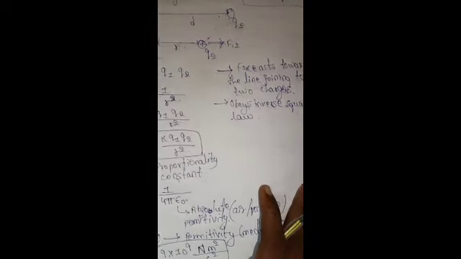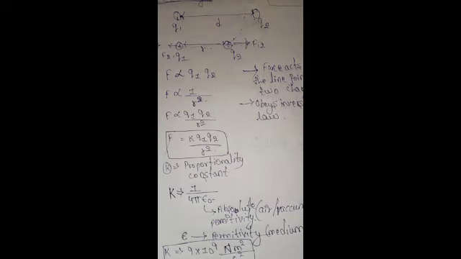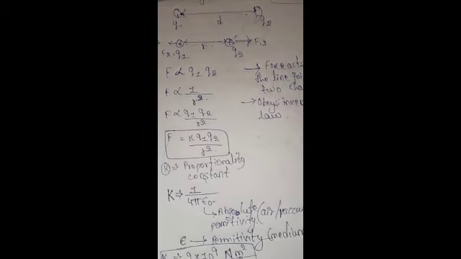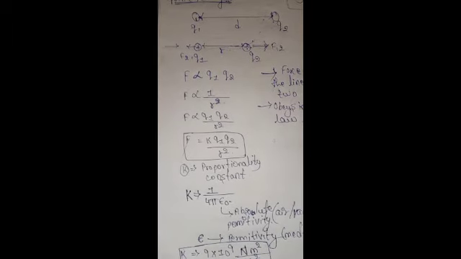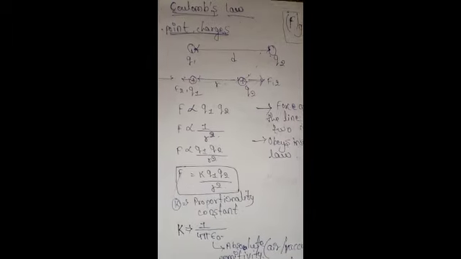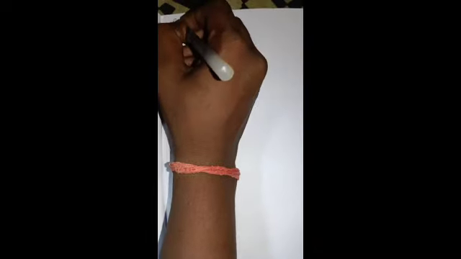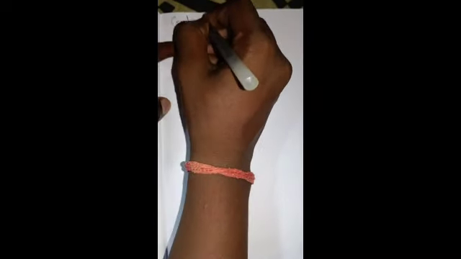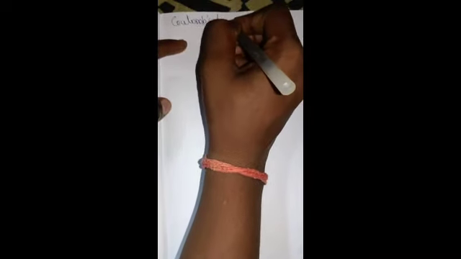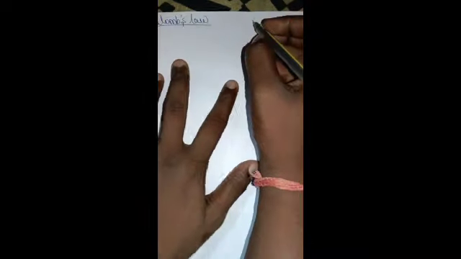Now let us compare Coulomb's law and Newton's gravitational law. On one side we will write Coulomb's law, and on the other side the gravitational law.